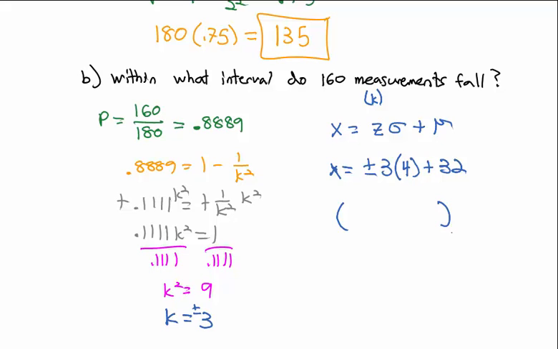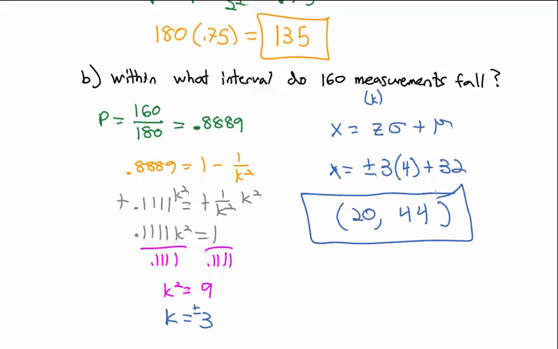When we do negative 3 times 4 plus 32, we get 20. Positive 3 times 4 plus 32, we get 44. So there are at least 160 measurements, possibly more, between 20 and 44.